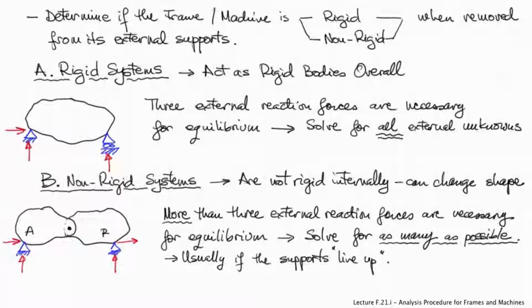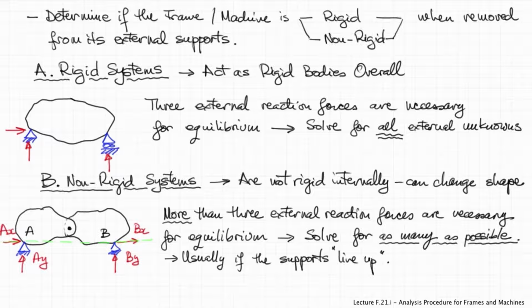So, for example, in this diagram that I drew, you can see that the supports at A and B actually do line up along a horizontal line that goes through A and B, like so.